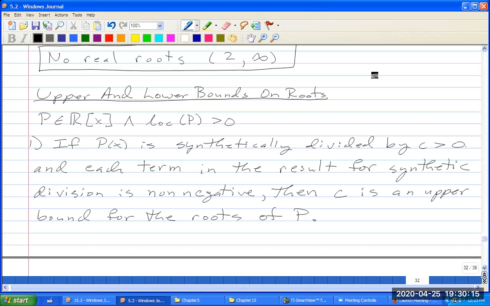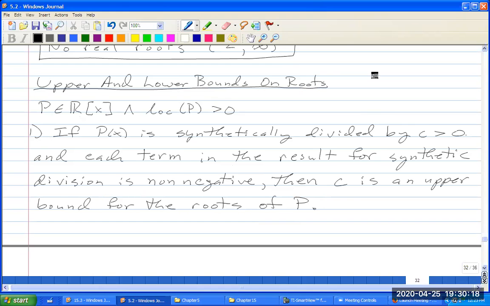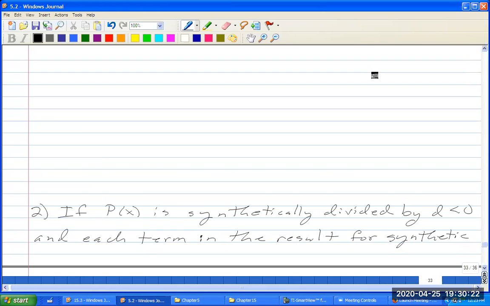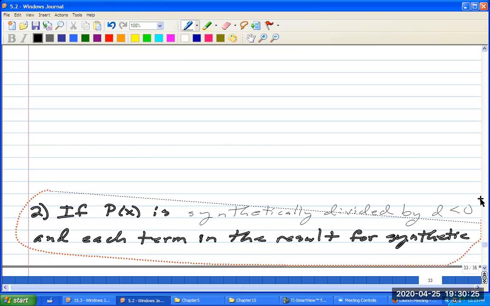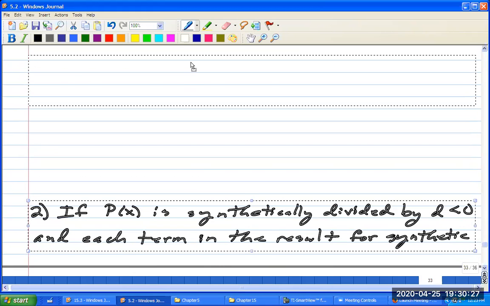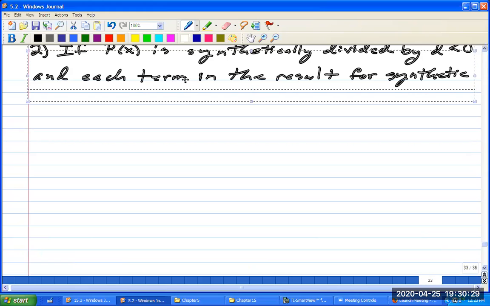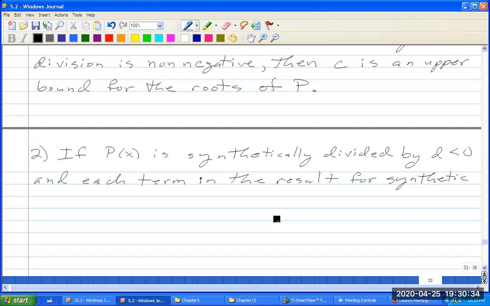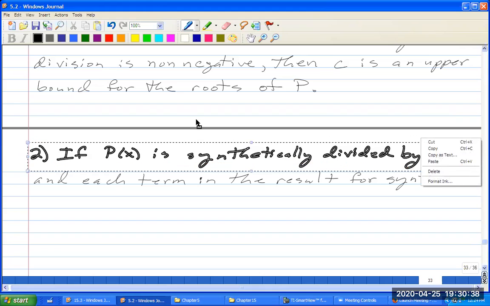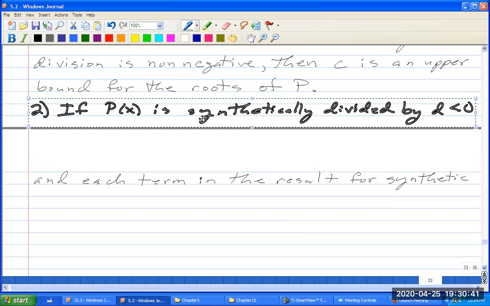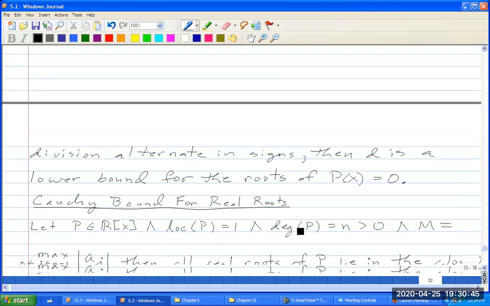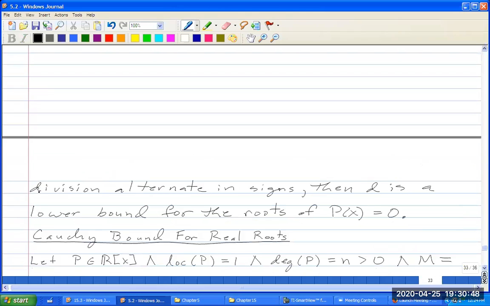So do I myself ever use the bounds to help me? In reality, the answer is no. Why don't I use these? They're too much work. There's not enough bang for the buck, not enough benefit compared to all the pain and all the calculations that you actually have to perform to get to it.